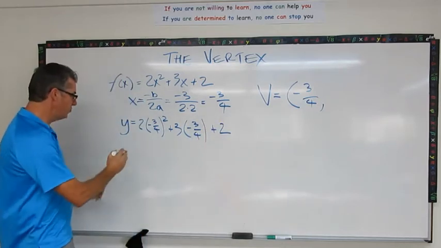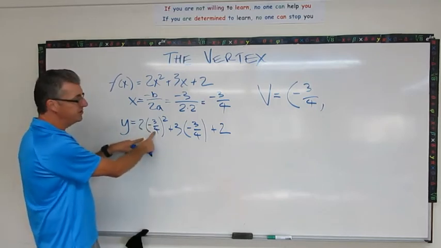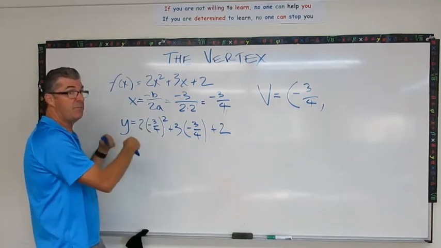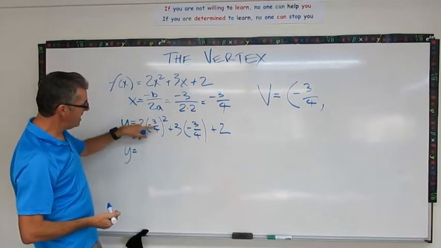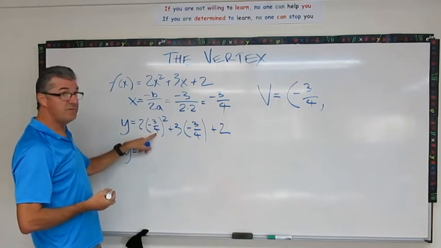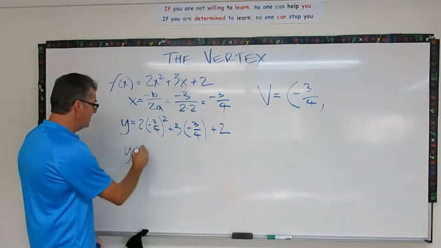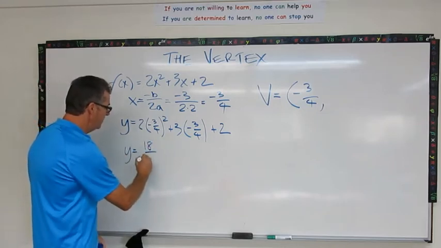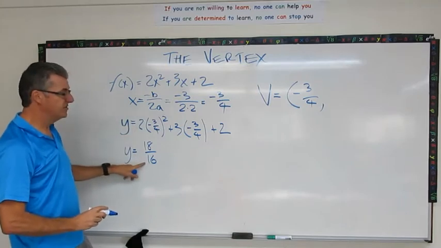Okay, so let's do some crunching. Negative 3/4 squared becomes positive 9/16. I'm going to square the top and the bottom of my fraction to get 9/16. I'm going to multiply 9/16 times 2. So that's going to give me 18/16. So this term becomes 18/16.